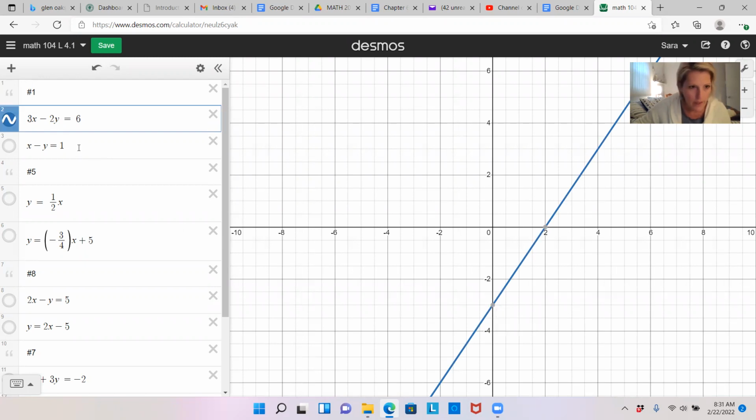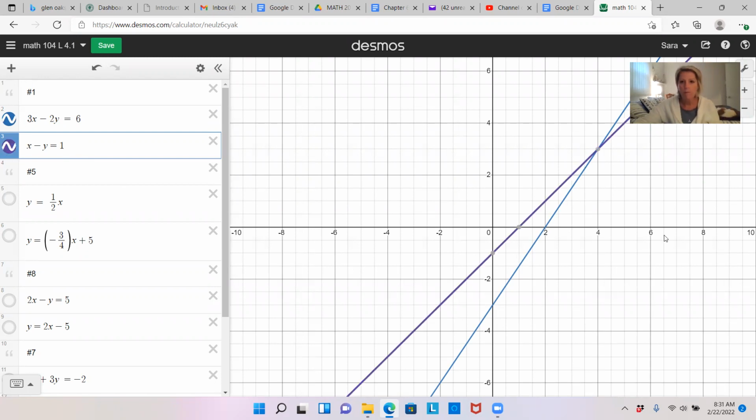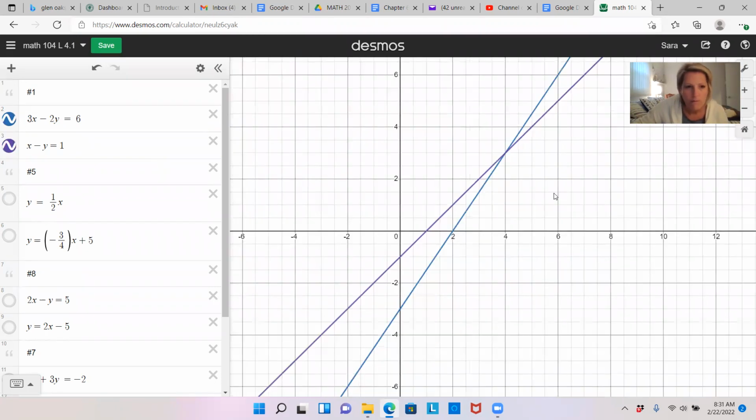The second graph is x minus y equals 1. If you click on either graph, it shows the intersection at 4,3. So that is our first situation where they intersect at one point.